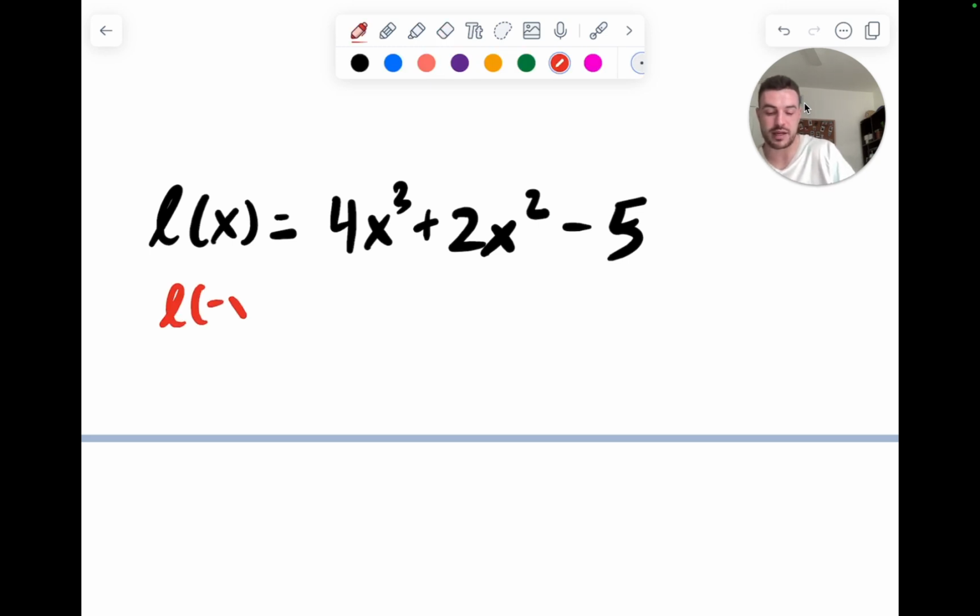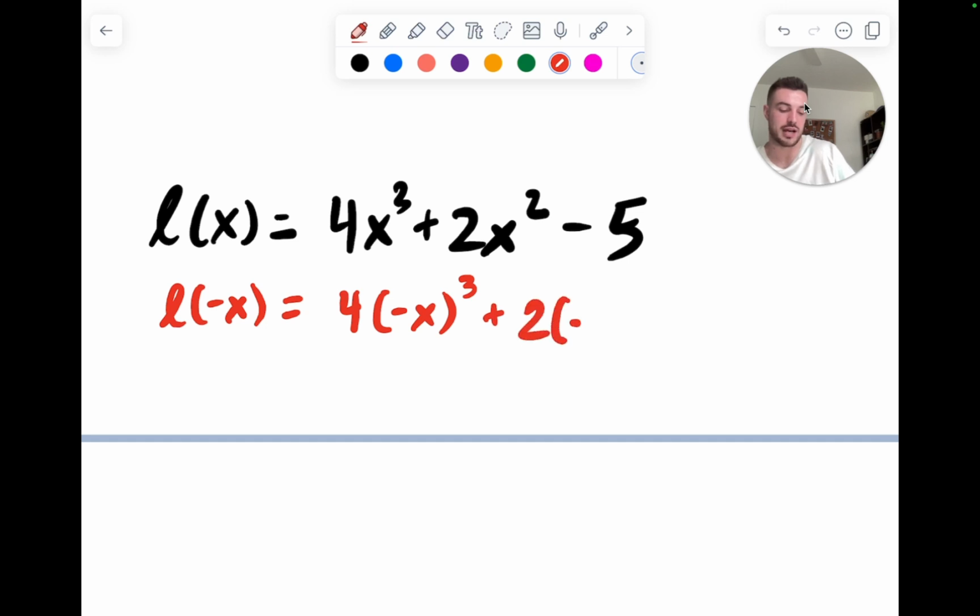So I've got L of negative x is equal to 4 times a negative x to the third plus 2 times a negative x squared minus 5. Well, I've got a negative value to the third power, which means it's going to stay negative. So I have negative 4x to the third.